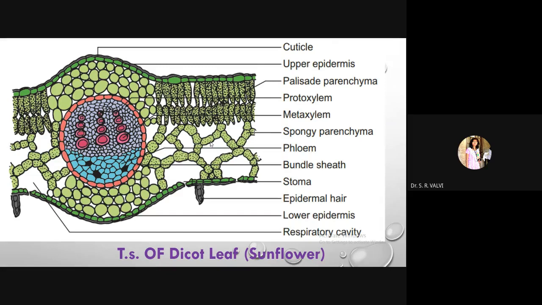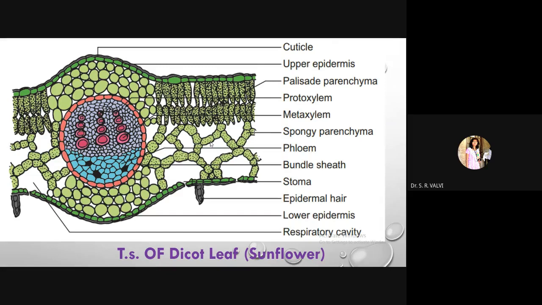Students, please do remember what layers you are going to observe. I am not going to give you any shortcuts. We have to learn this in detail, as we are going to learn this in anatomy practicals.